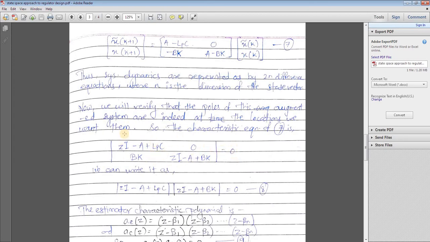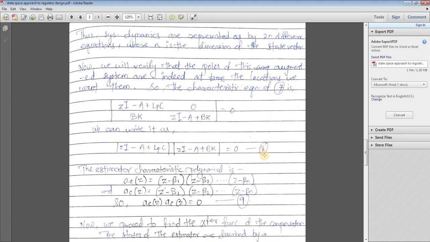We can write this equation using just two of the terms, this one and this one, because of the 0 matrix in the upper right. This equation can be written separately as the determinant of zI minus A plus LpC and the determinant of zI minus A plus BK equals 0, equation number 8.